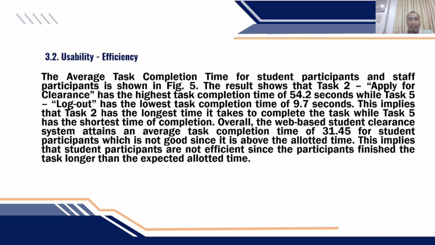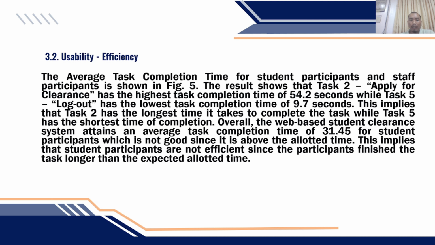This implies that Task 2 takes the longest time to complete while Task 5 has the shortest. Overall, the web-based student clearance system attains an average task completion time of 31.45 for student participants, which is not good since it is above the allotted time.